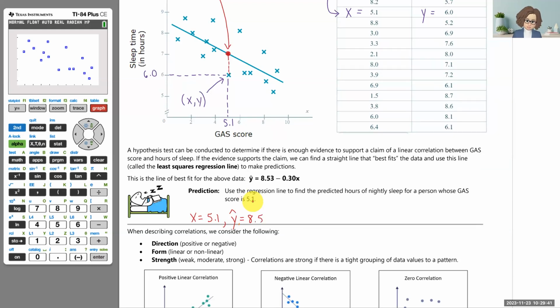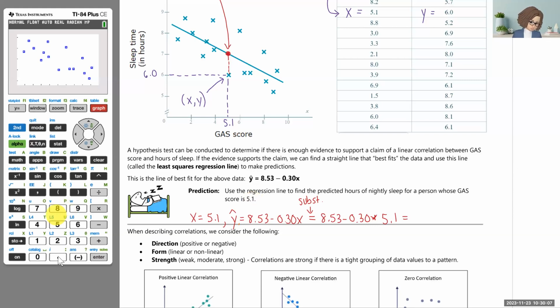So 8.53 minus 0.30x. And then all I'm going to do is substitute my value of x. So 8.53 minus 0.30 times x. I'll put a times there.